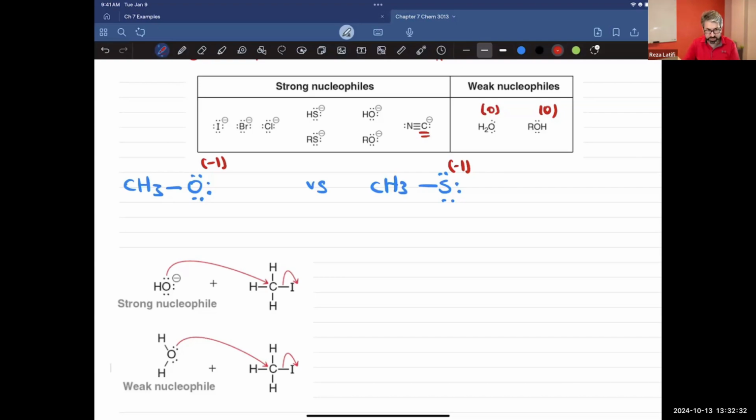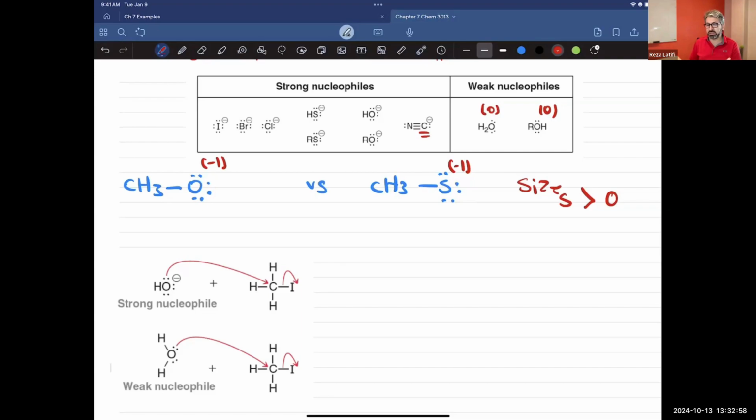In these two cases, I know the size of sulfur is bigger than oxygen. So sulfur is more capable of handling negative charge than oxygen because it's bigger. If sulfur is more capable of handling the negative charge, we say it will be a better nucleophile.